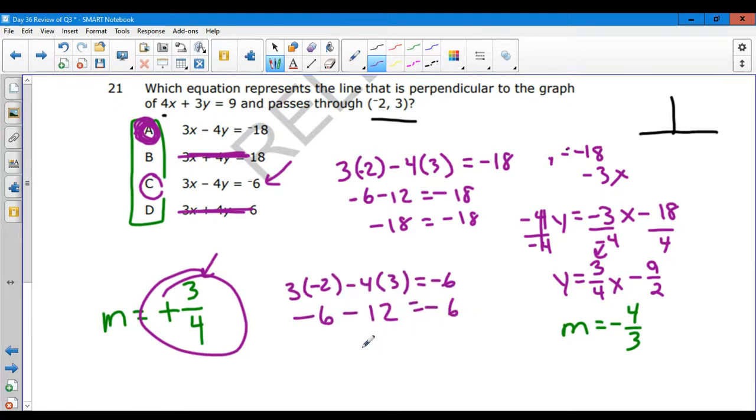And that almost looks right. I can see sort of how some people might think that looks right, but negative 6 minus something could not equal negative 6, of course. So they're using numbers that could maybe fool us, but we're not going to get fooled by that because it worked here. So opposite inverse for the slope, plug in the point, solve the problem correctly.